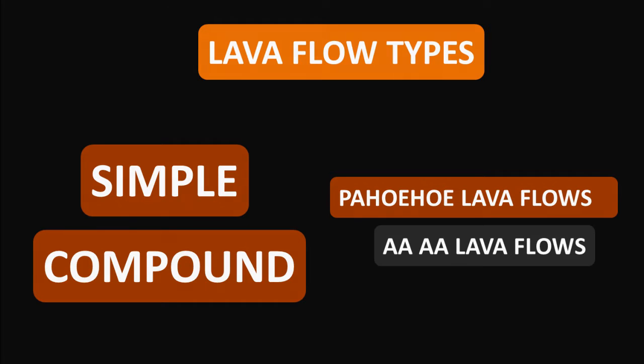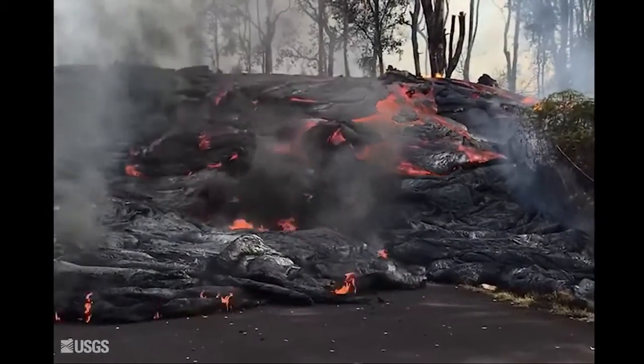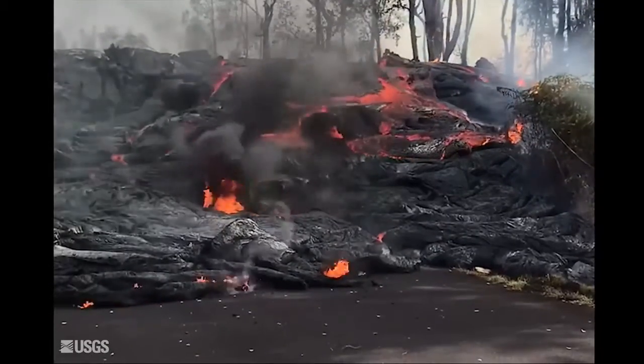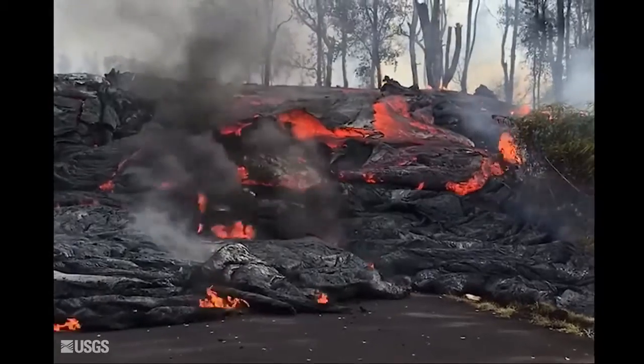They are differentiated by the presence of flow units. Flow units are separate discrete bodies of lava with a hardened outer surface. Their size can range from 10 centimeters to several meters.